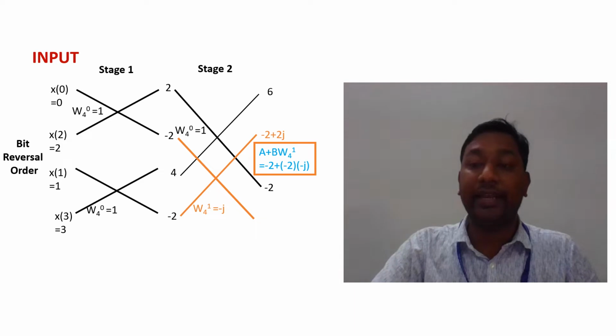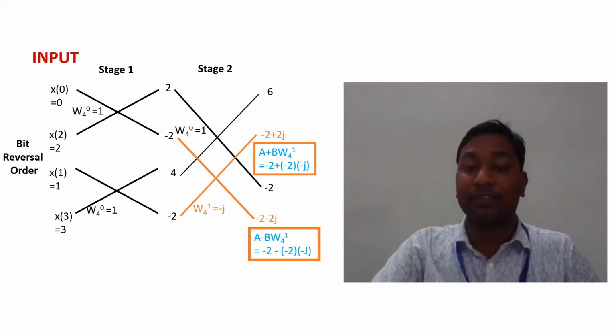Now we will see the next part. The answer will be the complex conjugate of the first one, a minus b omega 4 to the power 1. With a equal to minus 2, b equal to minus 2, and omega 4 to the power 1 equal to minus j, the answer will be minus 2 minus 2j. Clear? That is the complete stage 1 and stage 2.